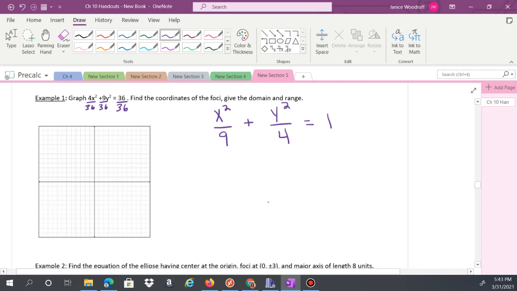Okay, so first thing I want to do is set the equation equal to 1. Okay, then your center, 0, 0. So my center here is going to be 0, 0. Okay, then you want to find A and B.